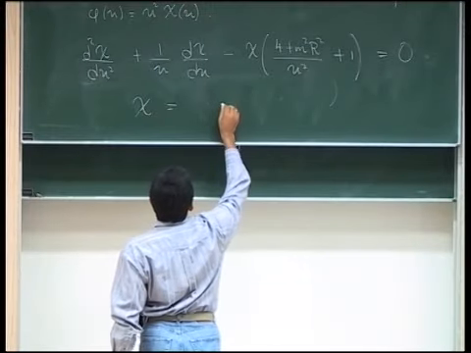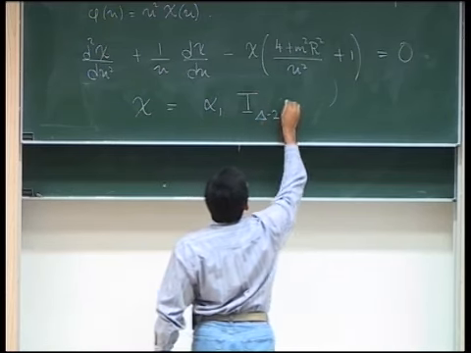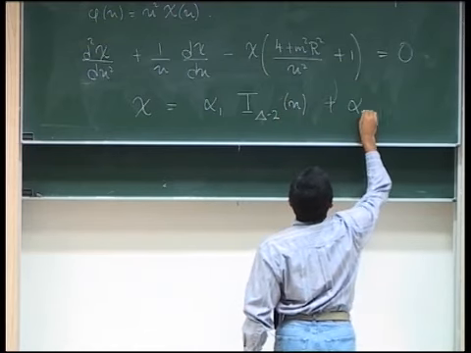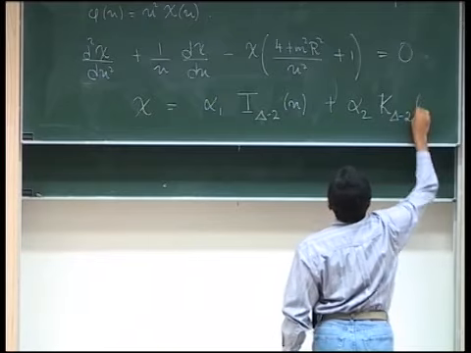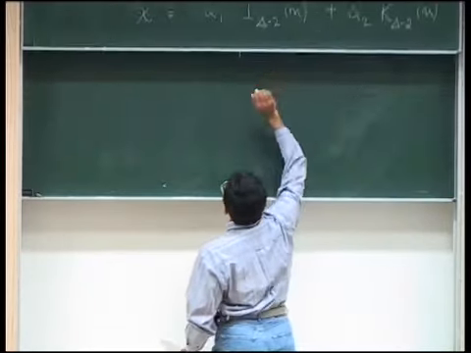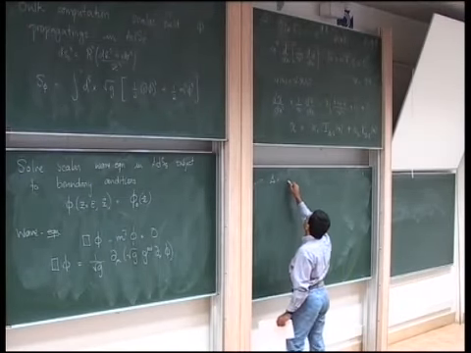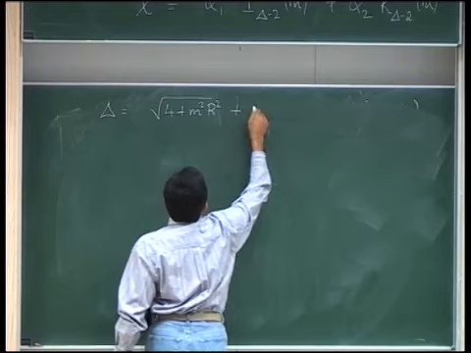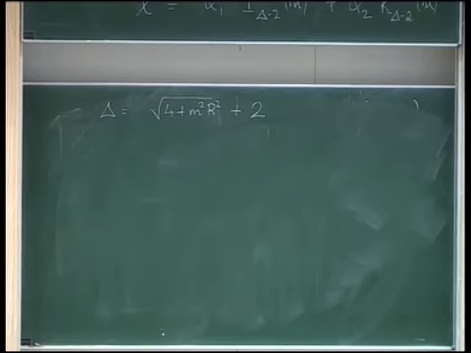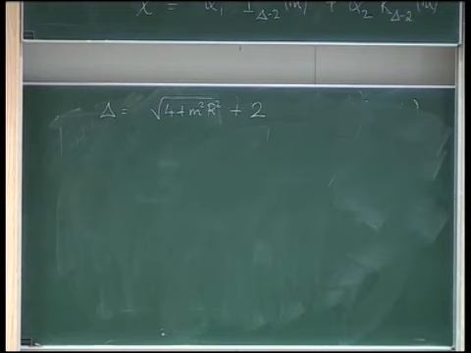is a linear combination of the Bessel functions where delta I've defined to be this quantity determined by the mass of the field.